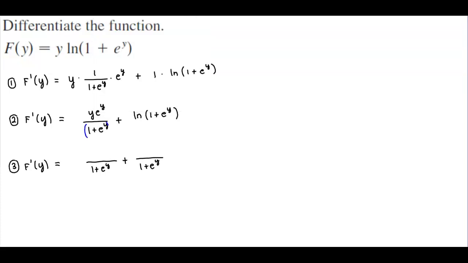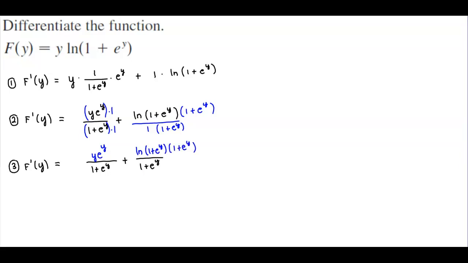So we'd have to multiply this by 1, so y e to the y times 1 is y e to the y. And if the denominator here is 1, we'd have to multiply this by 1 plus e to the y, so we end up getting the natural log of 1 plus e to the y times 1 plus e to the y.